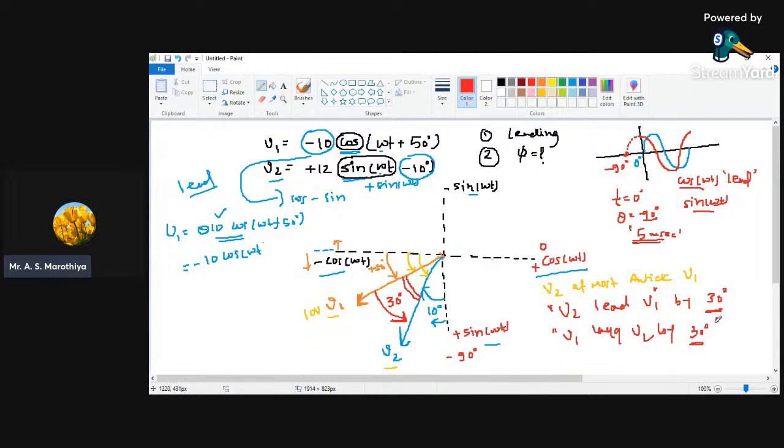This question was, I think, asked in previous year GATE exam for electrical engineering domain. So this is what the concept is, to solve this numerical directly by applying the concept of phasor diagram.